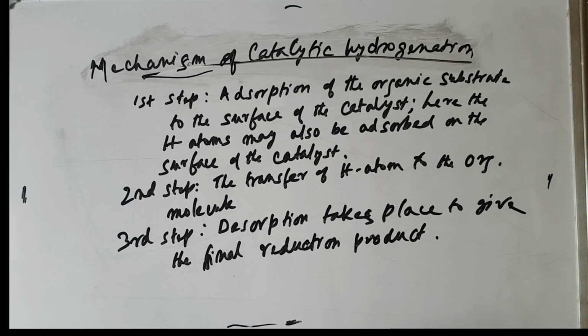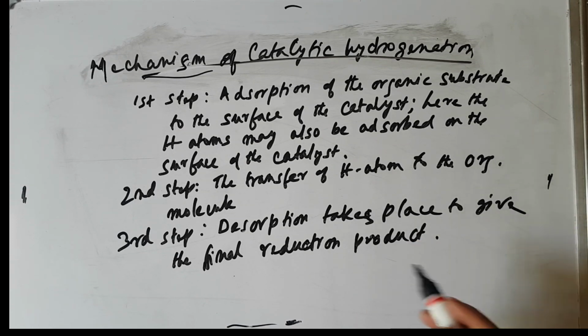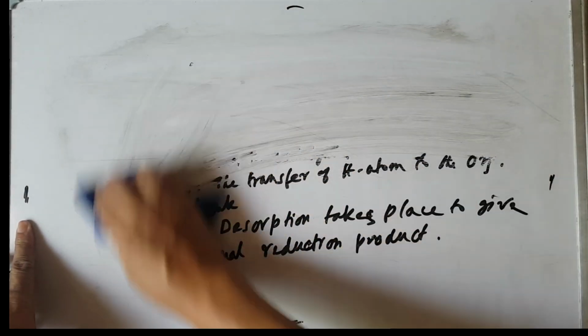Here, in the case of olefinic compounds, the hydrogenation is a cis addition, which takes place on the less substituted side of the compound. So I'll give one example.